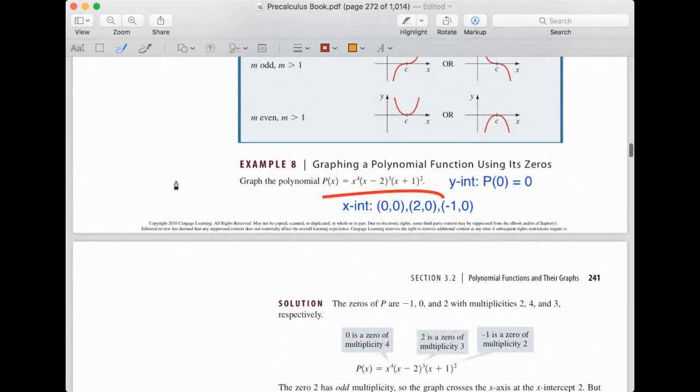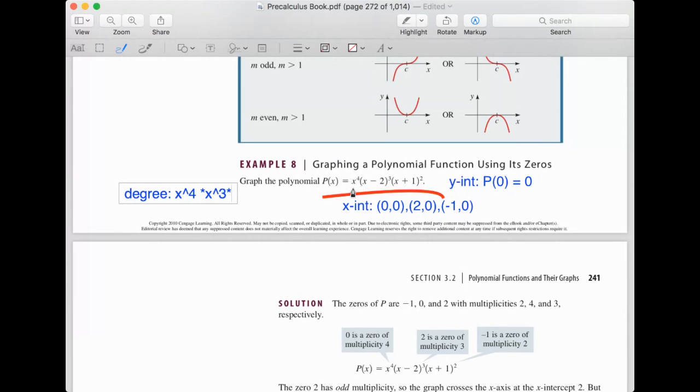Now we can ask, what's the degree of the polynomial? Let's figure out the degree. We have x to the 4th times x to the 3rd, right? We only take the leading term in each factor to figure out the degree.